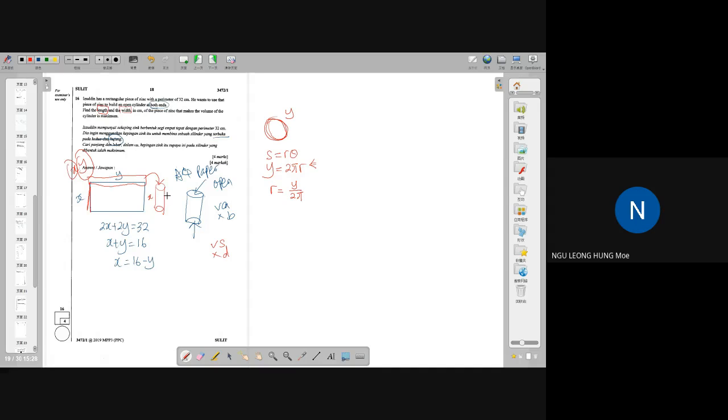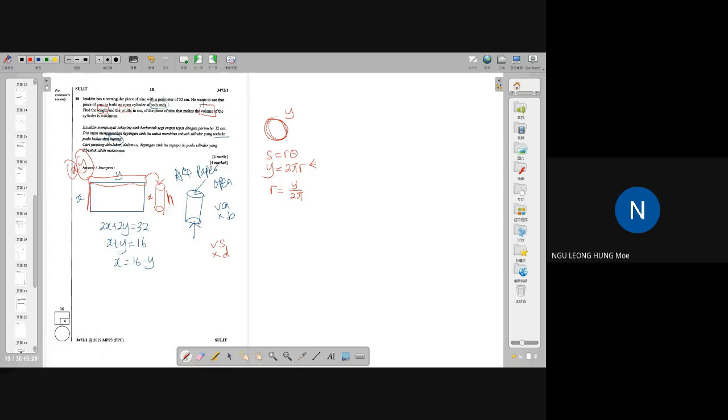S ialah untuk silinder is H, right? Y is H. And find the Y in centimeter of the piece of zinc that can make the volume.